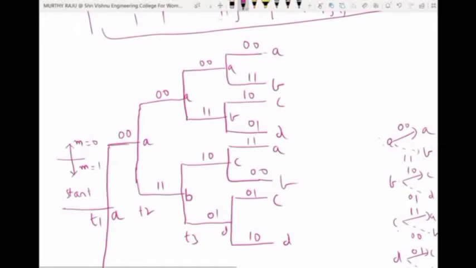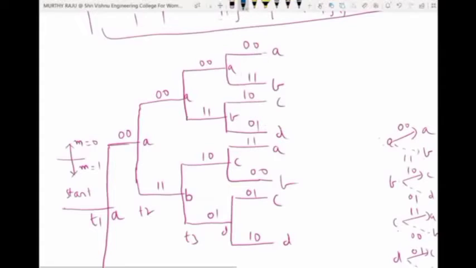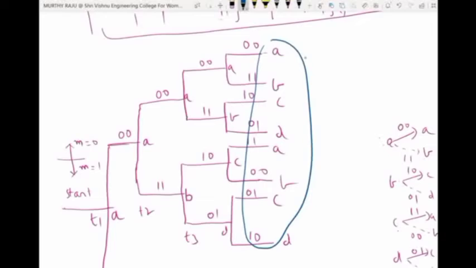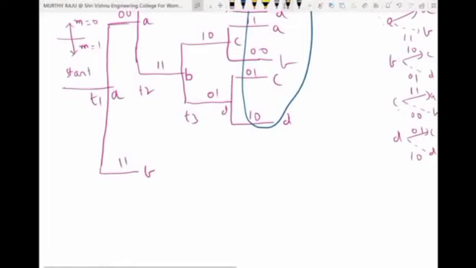This is the repeated code tree structure. After 3 successive intervals, repetition is there. A, B, C, D, A, B, C. And similarly, in the lower portion, that means downward direction.